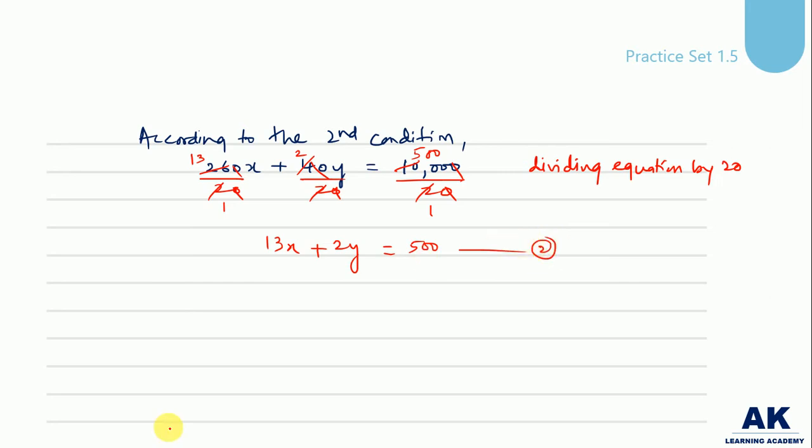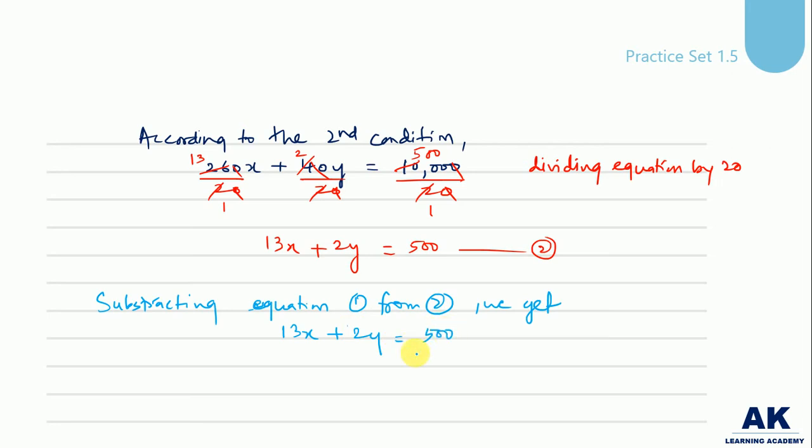Now subtracting equation 1 from 2 we get 13x plus 2y is equal to 500, and 3x plus 2y is equal to 200, right?